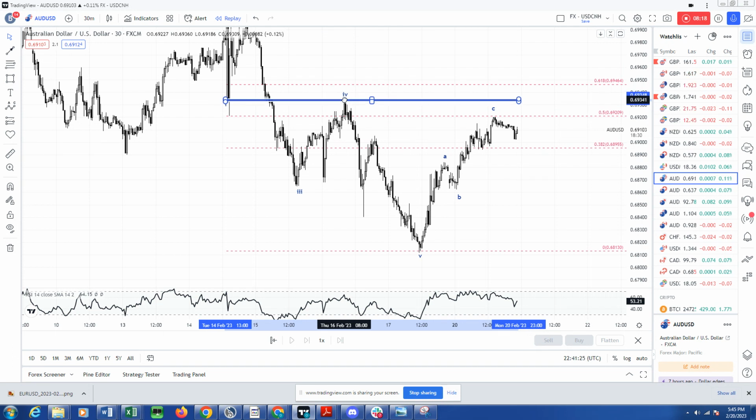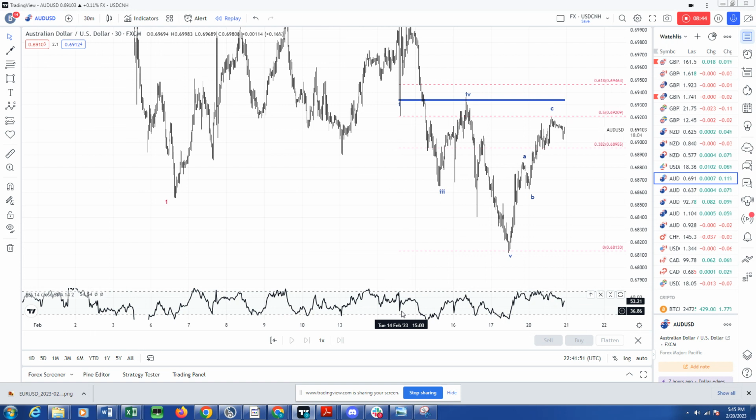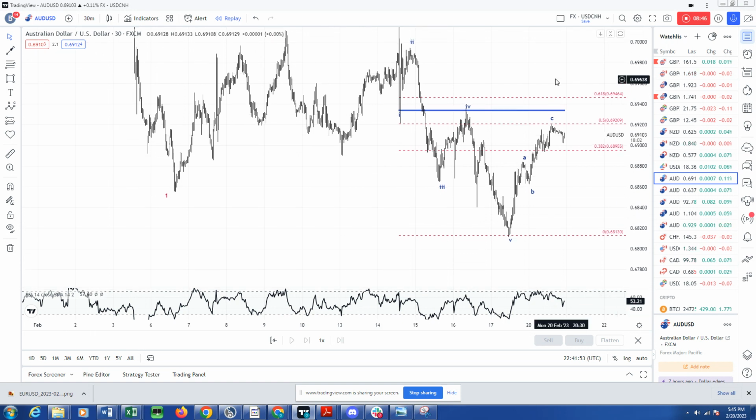So if I want to be short Aussie on my bucket A, remember I'm short Aussie on my bucket C already because we've defined the trend lower. But if I want to participate here, this is not a bad spot to sell around here at 69.10, 69.15 level, protecting against 69.50, say.